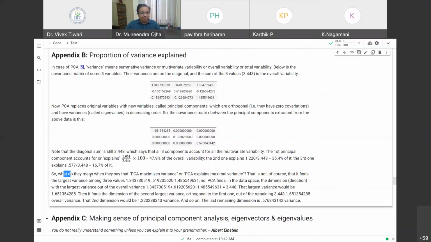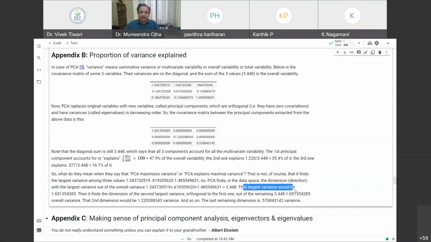So what do they mean when they say that PCA maximizes variance? PCA explains maximal variance. That is not, of course, that it finds the largest variance among three values. PCA finds, in the data space, the dimension or the direction with the largest variance out of the overall variance. Out of these three variances, it finds the direction of largest variance.